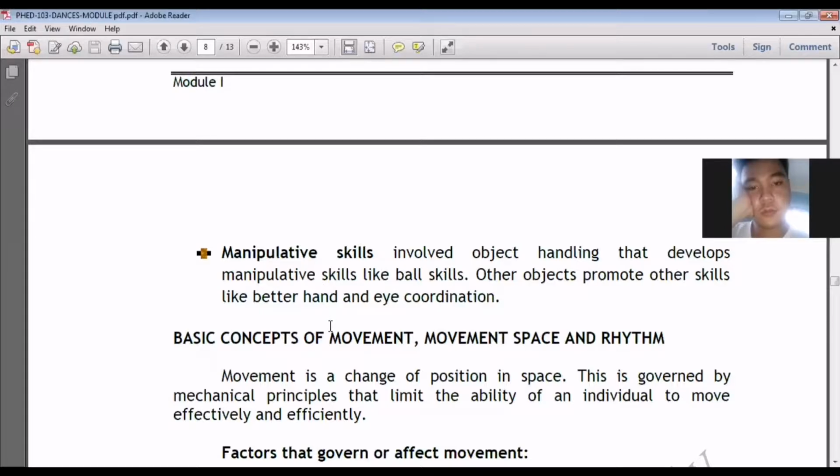I forgot. Hula hoop, right? Yun yung ginagamit ng mga kindergarten for their calisthenics or manipulative skills dance.